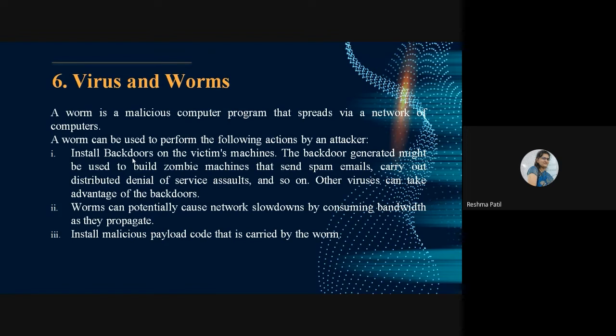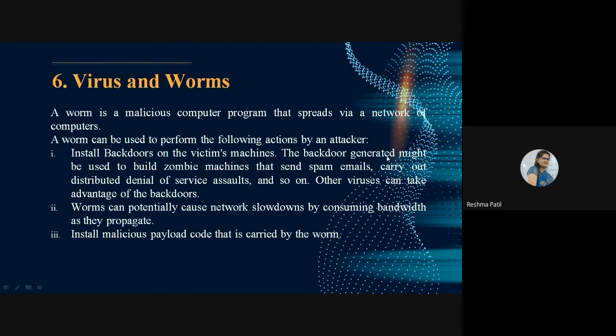So if this worm can install the backdoors on the victim machine and you don't know about this, somebody is coming without your permission. Backdoor means without your permission somebody is coming over there, whether it is software or any person.